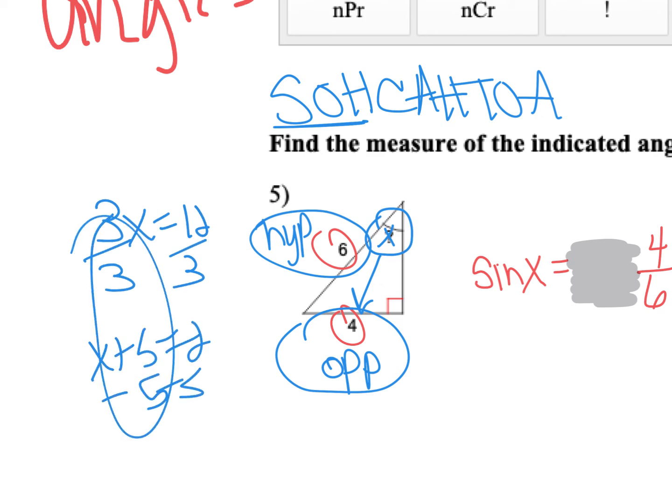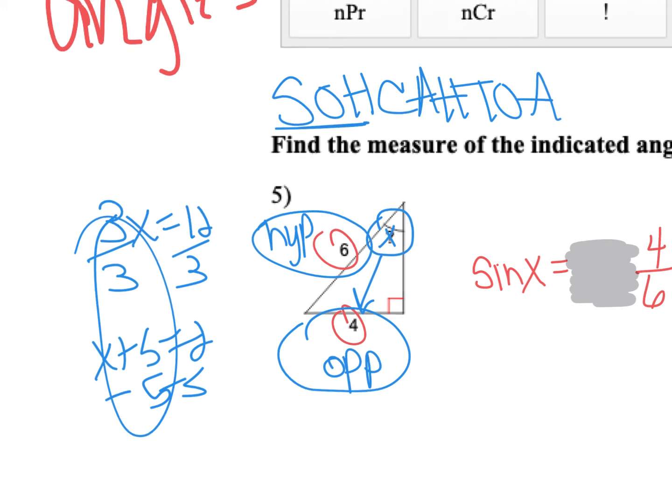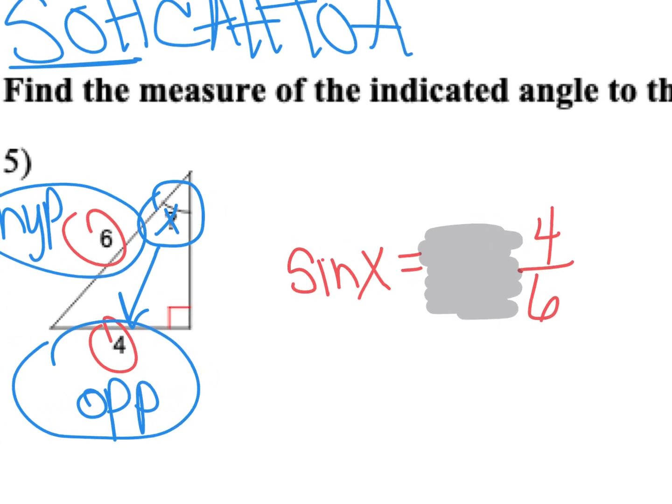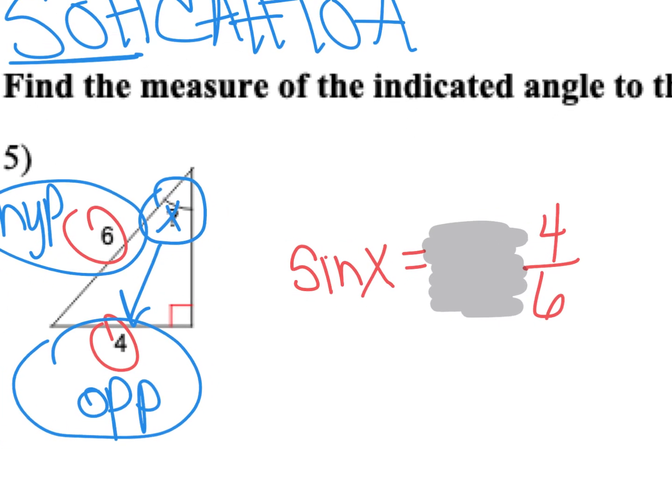Those are inverse operations, which is exactly what we're going to do here. So all we have to remember is that we need to do the inverse to both sides, because whatever you do to one side, you have to do to the other. So I'm going to go ahead and take the inverse sine of both sides.